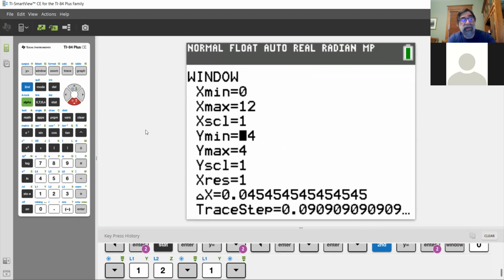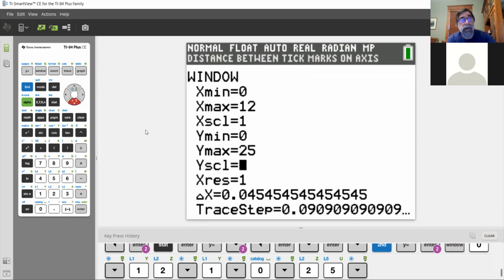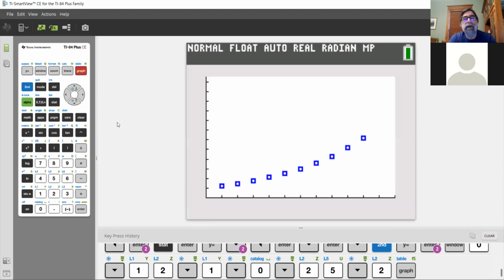And then for the y values, let's go from 0 to 25 or 26 should work there. Go up by 2. So with these problems, look at a scatter plot, and then you can decide whether you think an exponential function or a logarithm function is a better model. So what do you think about this one?